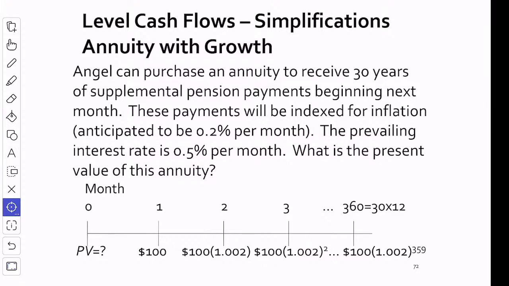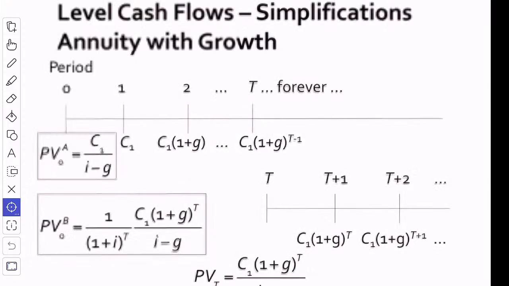So it looks like interest, but you have to distinguish between them. Interest goes in the denominator, right? Because we have to look at the time value of money when we calculate the present value of this. But this growth goes in the numerator, on the top, because our amounts are growing to adjust for inflation.